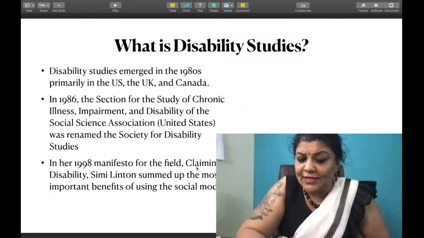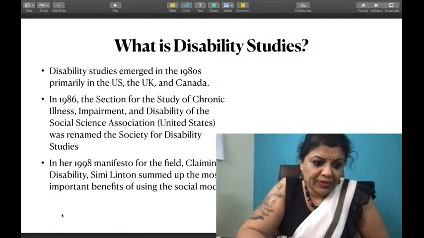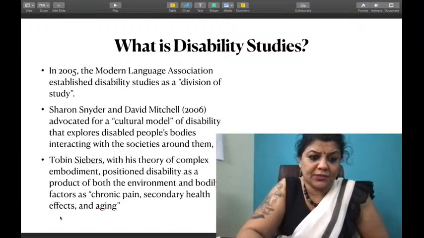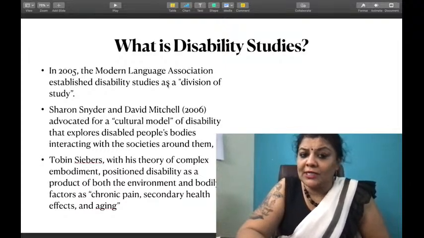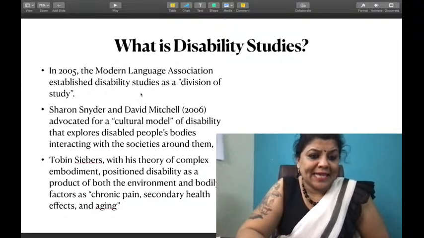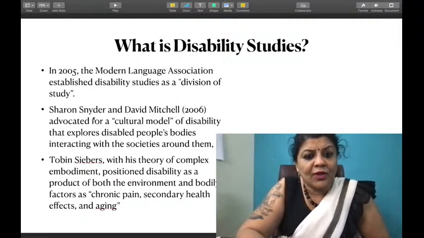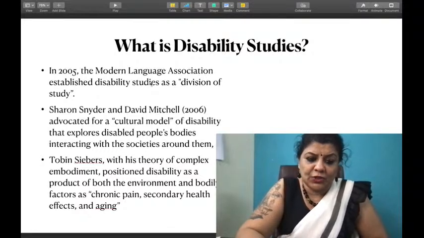If you are interested in knowing about it, Claiming Disability is the book. 1998, the Manifesto of Disability Studies, it is called. In 2005, the MLA, or Modern Language Association, established disability studies as a division of study. Now, what does that mean? You can look up. This is also a milestone.